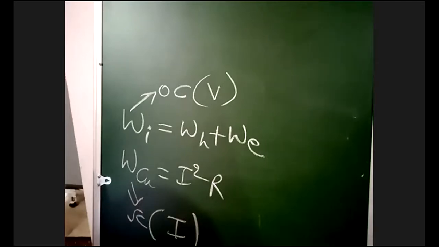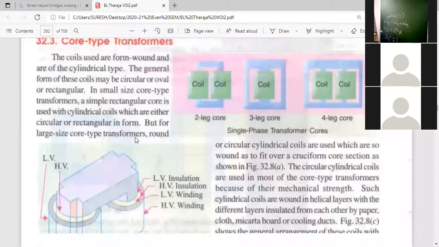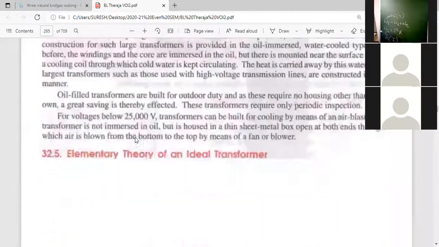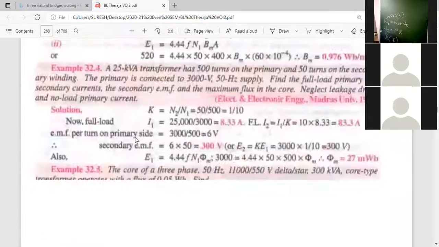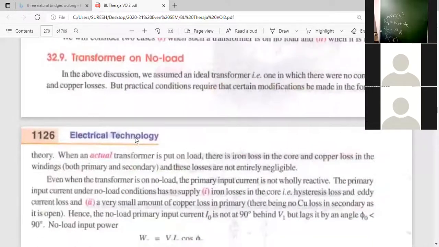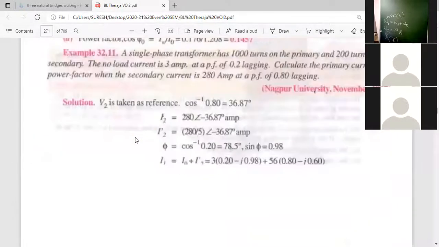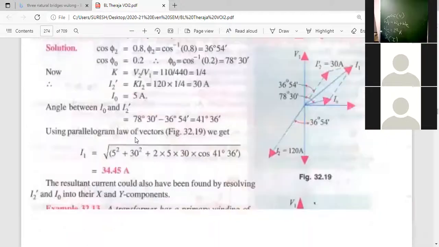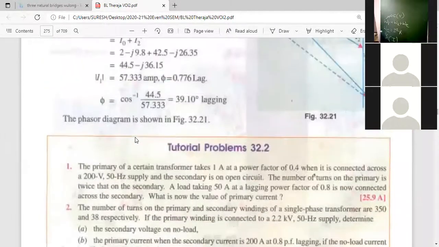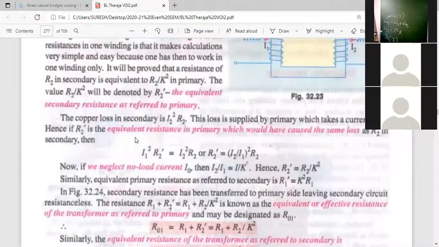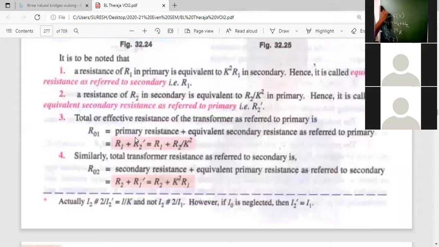Now I will ask you one question, which is very important. Write the question: why is the transformer rating in kVA?